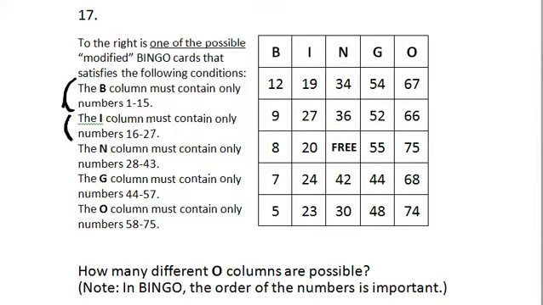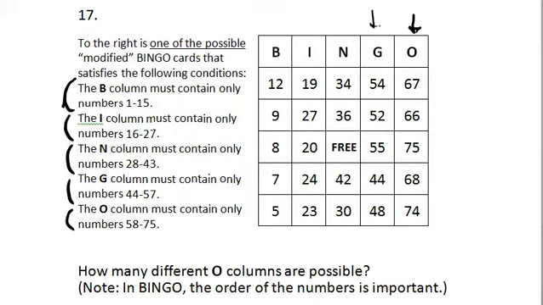The numbers in column I have to be between 16 and 27. The numbers in the column N have to be between 28 and 43. The numbers over here in the G column have to be between 44 and 57, and the numbers in the O column have to be between 58 and 75.